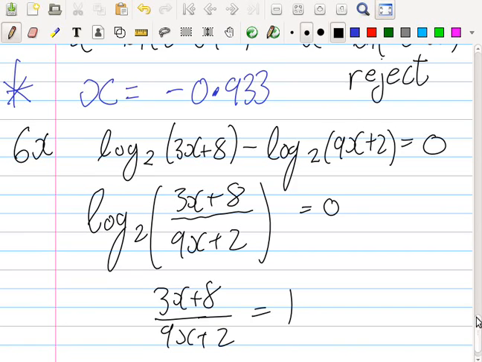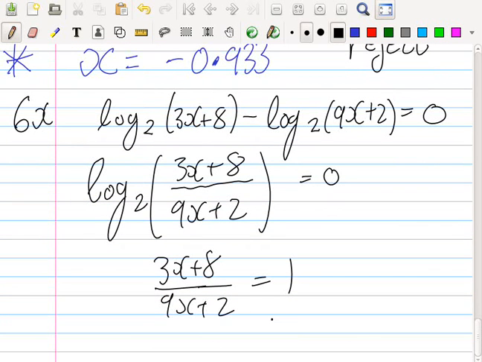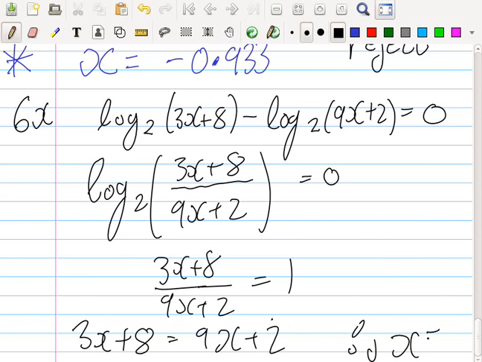This here is from the very first lesson you did with me. We just cross multiply. 3x plus 8 equals 9x plus 2. So you get 6x equals 6. So therefore, x is 1.